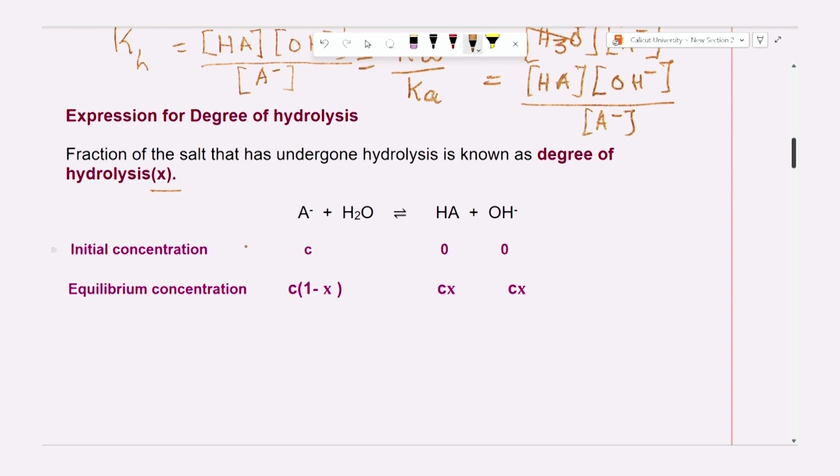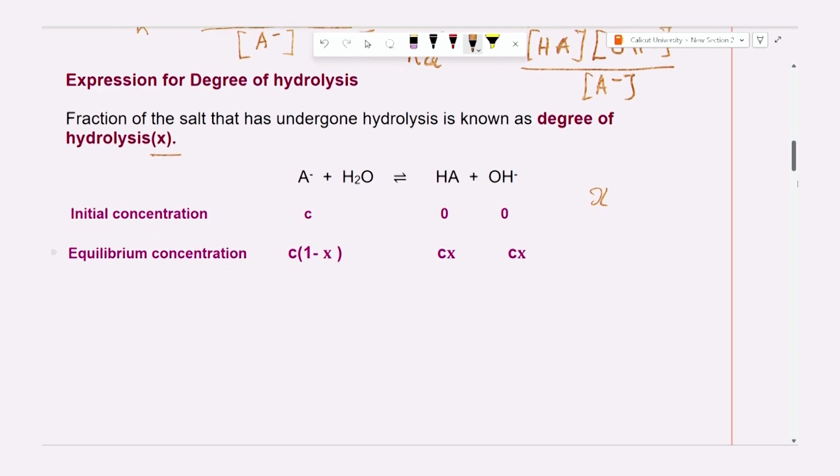Now, just like we have been doing so far, the initial concentration, let that be C moles per liter, and initially these two will not be formed, and therefore that is 0. When equilibrium is reached and we consider x to be the degree of hydrolysis, it becomes C into 1 minus x, and in this case that will be Cx and Cx.